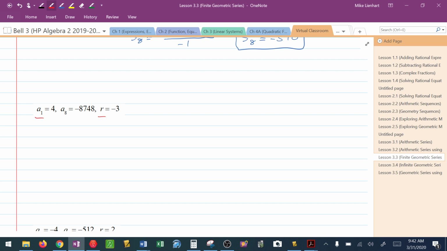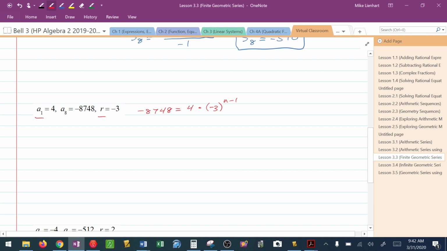Well, there are a couple of different ways to go about this. I'm thinking it's the eighth term. But I do know there's this thing called a geometric sequence, and in a geometric sequence, a sub n, or in this case a sub 8, negative 8748, is equal to a sub 1, 4, times r, which we know is negative 3, to the n minus 1 power.